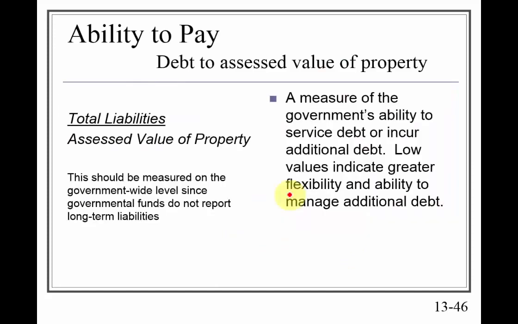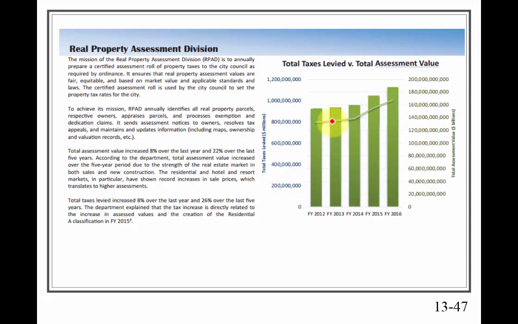Again, capacity to raise money by the government. In the case of a city government, the main way they raise money is real property taxes. So if you look at this chart here, here is the amount of taxes collected. Looks like about $1 billion for the past year.